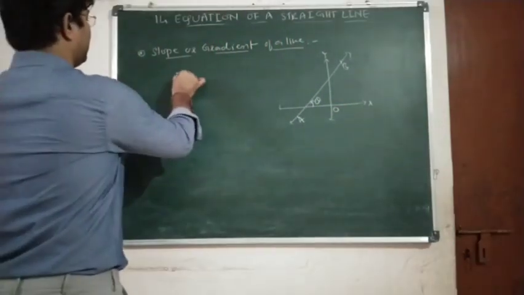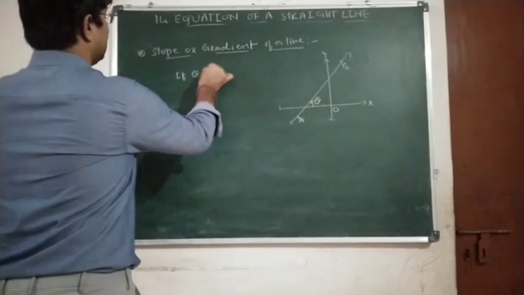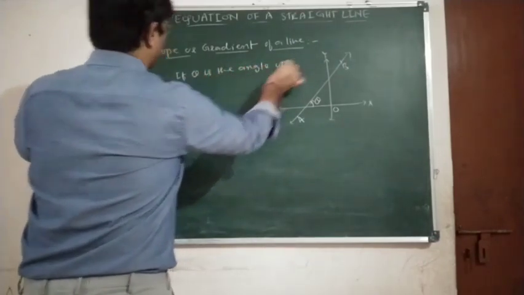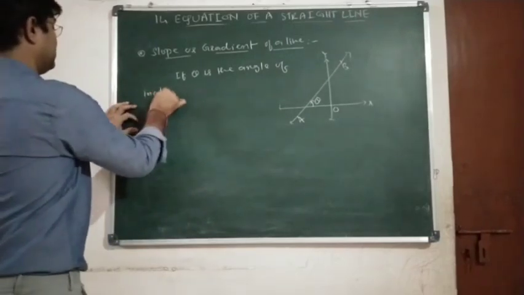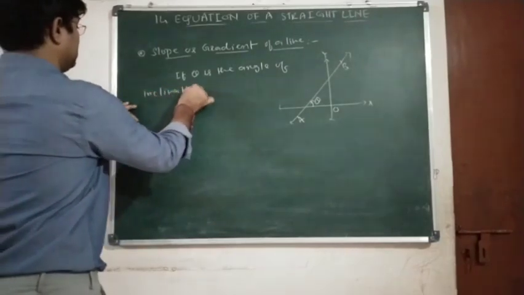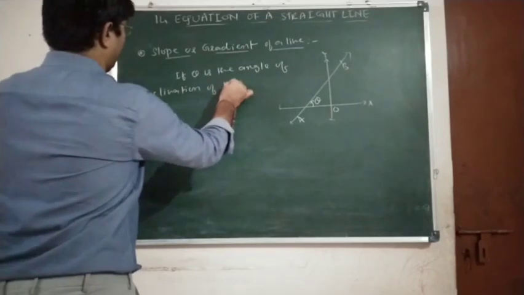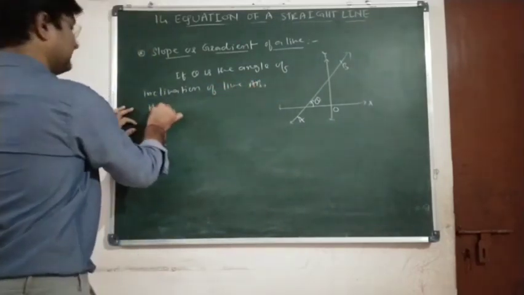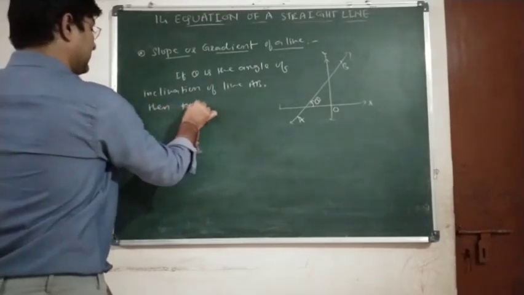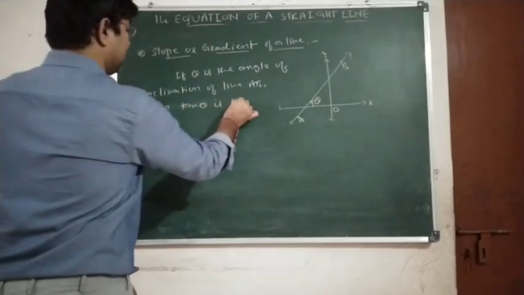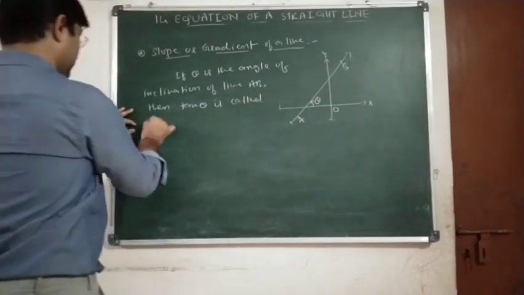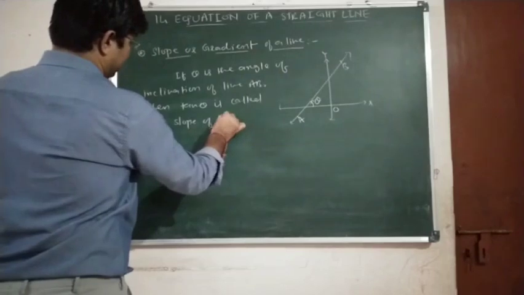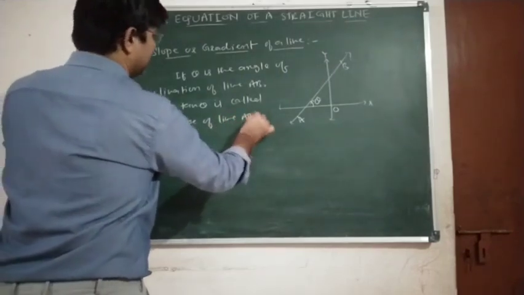So if theta is the angle of inclination of line AB, then tan theta is called the slope of line AB. Clear?